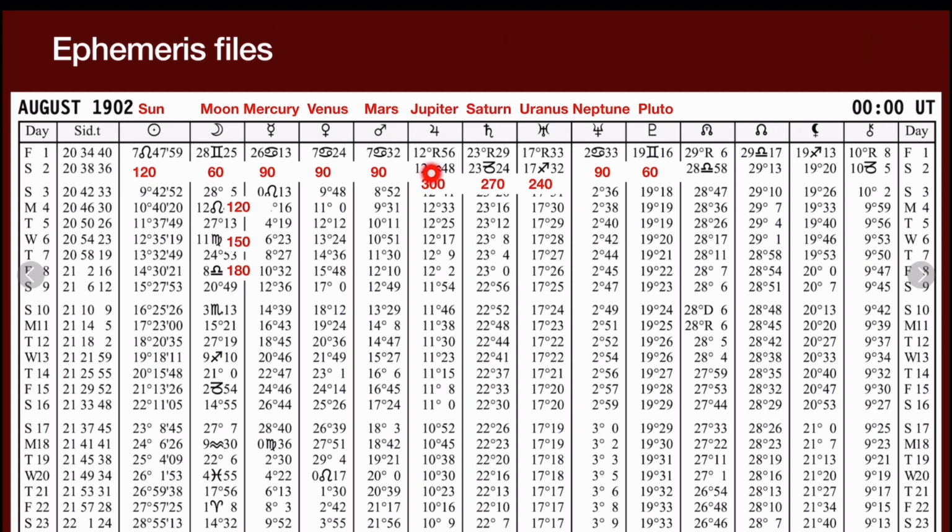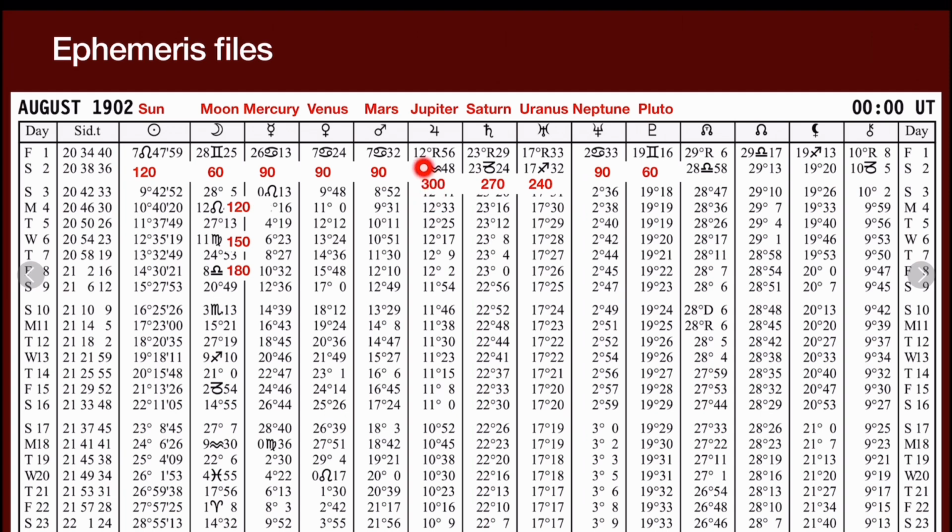Now if you look on here on day one, so it's August the 1st 1902, Jupiter is at 12 degrees 56 minutes Aquarius. Now the minutes go to 60 and then it will tick round to 13 degrees, and for our purposes you can round up or down, that's fine.